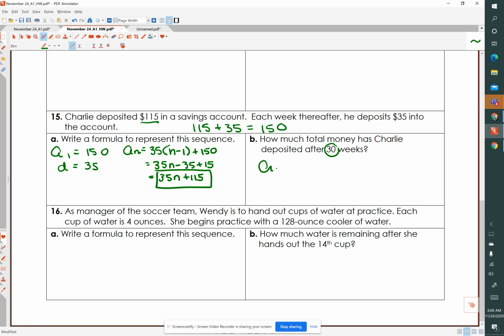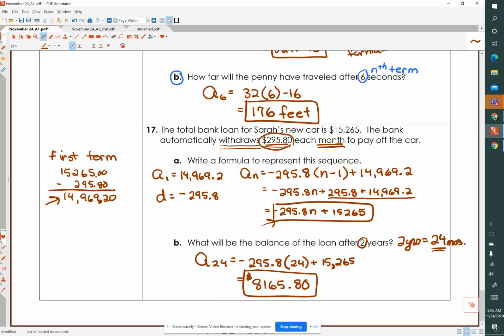So a sub 30 equals 35, I'm just taking the formula right from here, substituting n for 30, plus 115. And 35 times 30 plus 115 is $1,165. Guys, for only $35 a week, in just 30 weeks, not even a year, he's already socked away $1,165. So he's on a roll there.